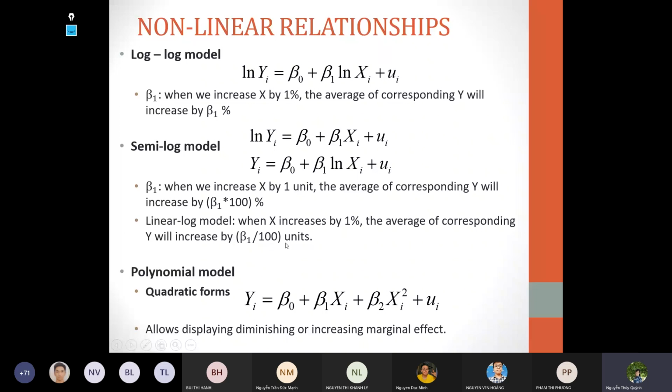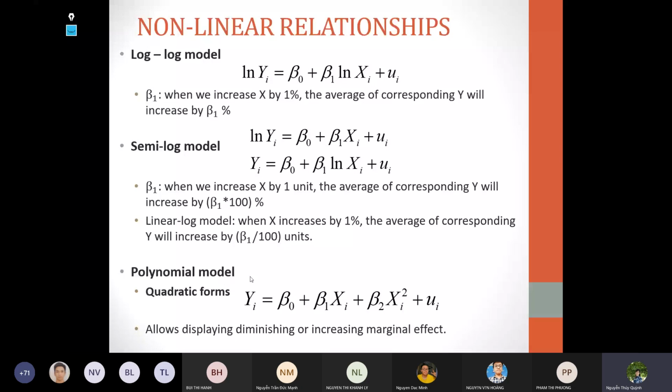We have some very common nonlinear relationship models, that is the polynomial model, where we can have quadratic forms, which means that y is a quadratic function of x, or y can also be a cubic function of x.